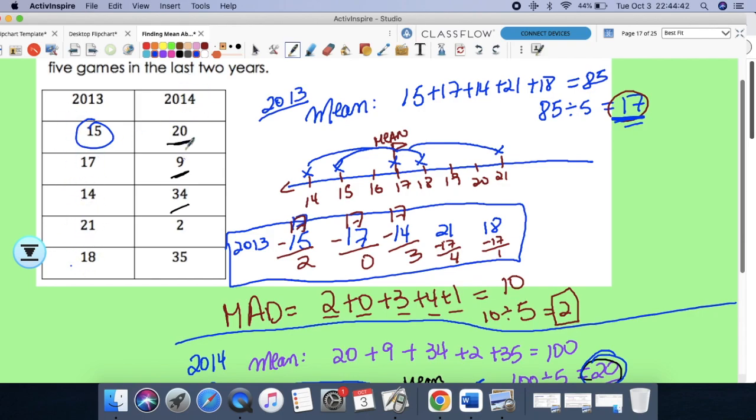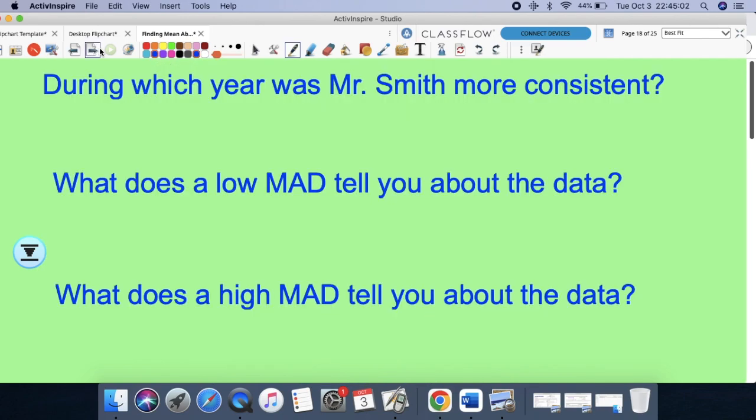The player in 2014, look, sometimes he gave you very little, sometimes he gave you a lot of points. So he was very inconsistent, right? It was not the same quality of player every time he came to play. There was no consistency.